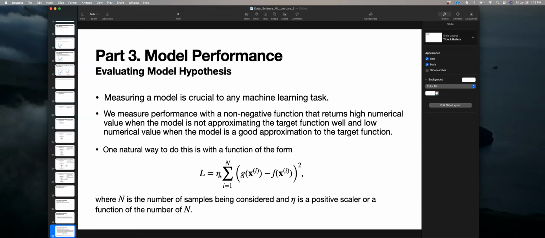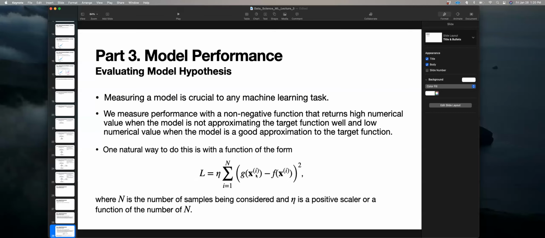So for example, if eta was replaced by 1 over n, this loss function would be called the mean squared error loss function. But notice that in this difference here, we're squaring it, so that's going to be a positive number, right? But if g equals f for the data in question, this is always going to be 0. So if g is a good approximation to f, this loss function will be low.